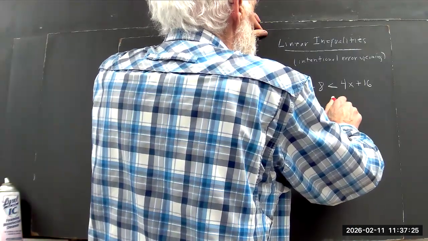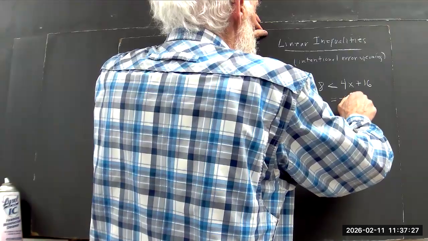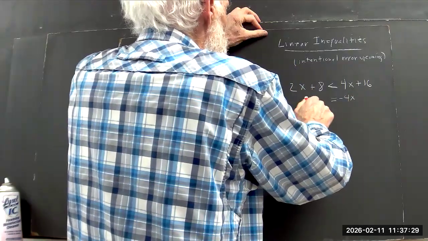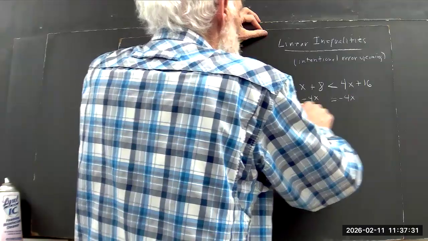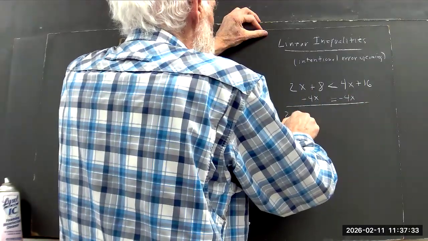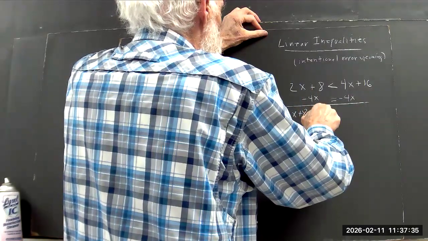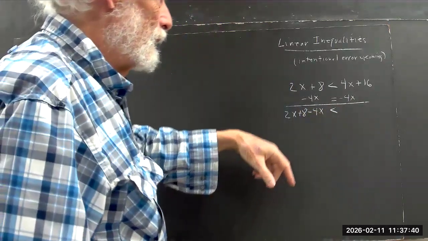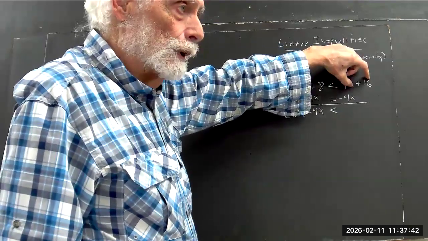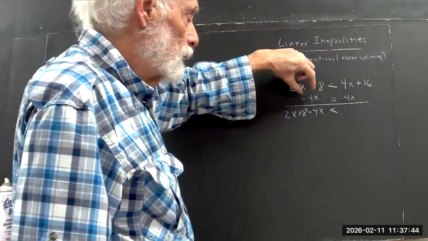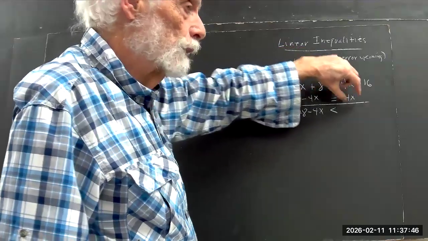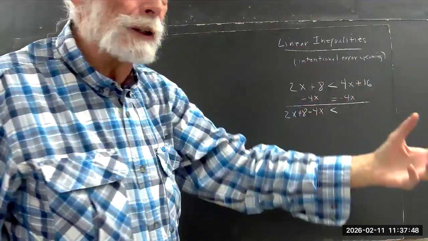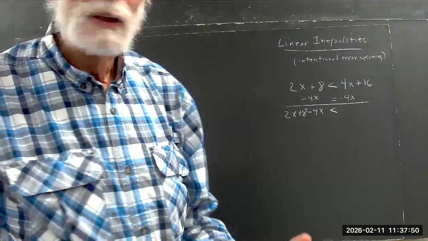And you can do this as long as you use an equal sign. You can do minus 4x here, and you can do minus 4x here if you like. And you get 2x plus 8 minus 4x less than, because the left-hand side is less than the right-hand side. In the equation I just wrote, negative 4x equals negative 4x. The left and right-hand sides are identical.